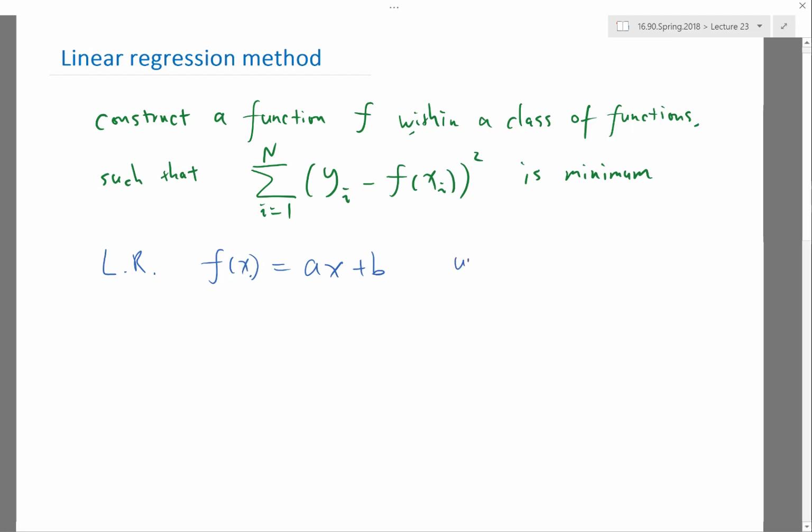And in the multivariate case, f of x is just going to be a summation over j equal to 1 to m, m being the number of variables, of aj times xj, plus b.